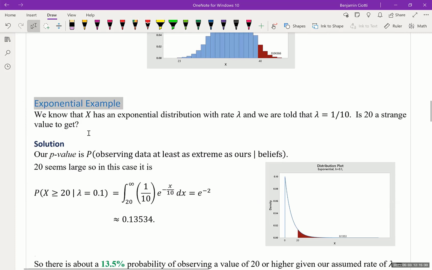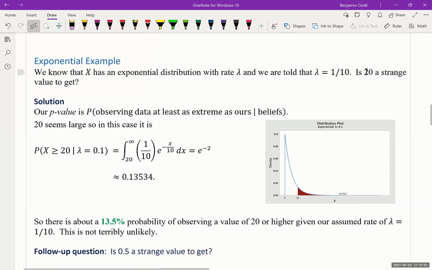Regarding the second example, it was where you know for certain that this random number has an exponential distribution, but you don't know for certain the rate, but you're told that the rate is 1/10. Then we found the probability of getting a number as extreme as 20.